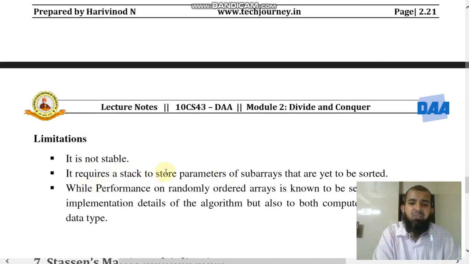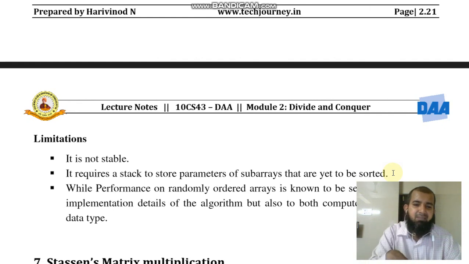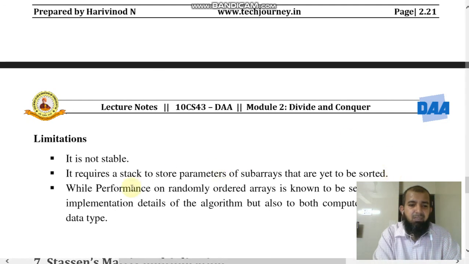It requires a stack to store parameters of subarrays that are yet to be sorted, which means you need to store the unsorted subarrays in the stack. Also, performance on randomly ordered arrays is known to be sensitive not only to implementation details of the algorithm but also to both computer architecture and data type. So these are the limitations of quicksort. Thank you.